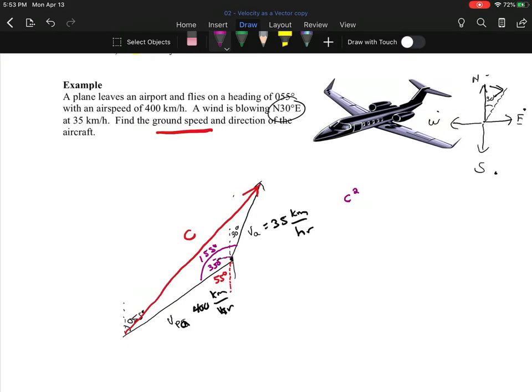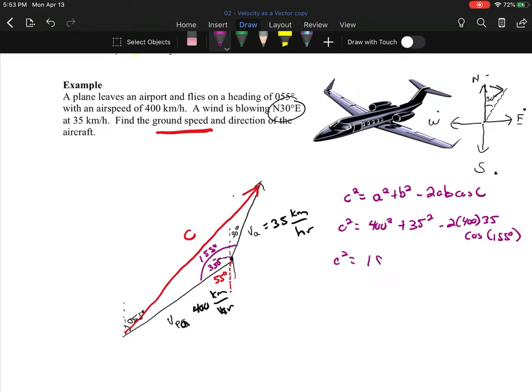Because once you get there, finding the actual ground speed is no big deal. It's just a little cosine law here. And so I get C squared equals 400 squared plus 35 squared minus 2 times 400 times 35 times cosine of 155. All that work to get that angle there.